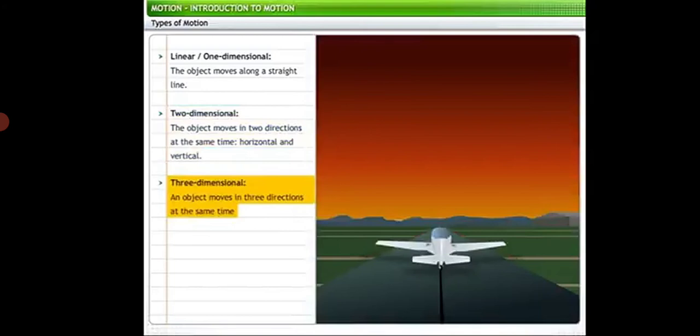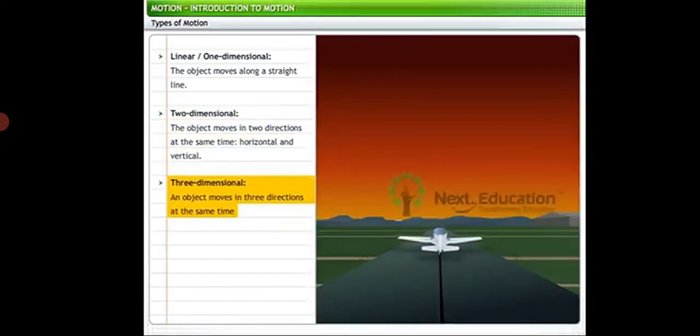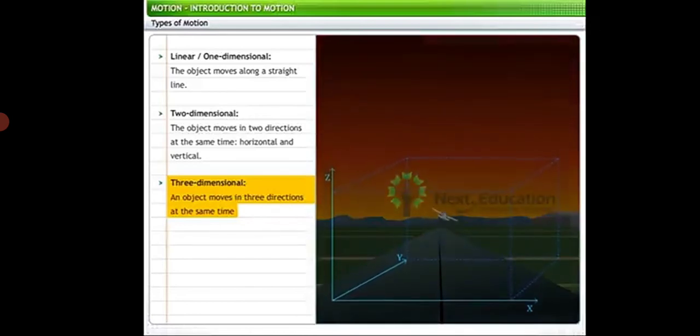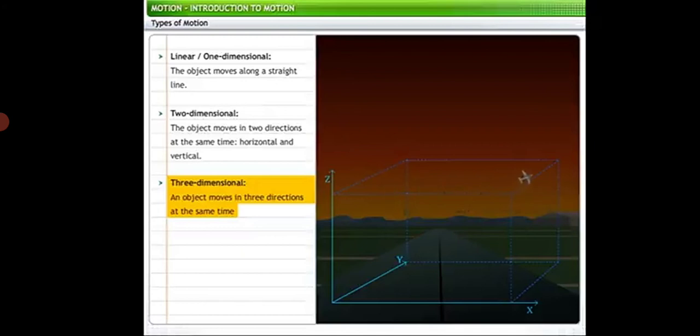If we observe an aeroplane taking off from a runway, it ascends rapidly in one direction and after gaining some height, turns towards its flight path. This type of motion, where an object moves in three directions at the same time, is called three-dimensional motion.